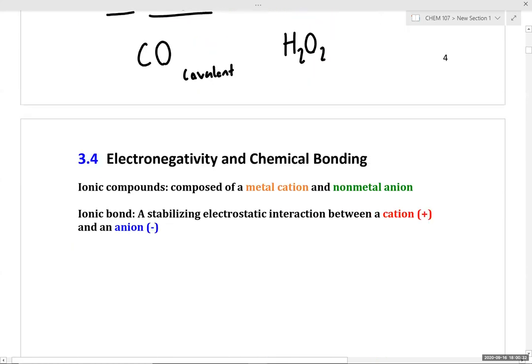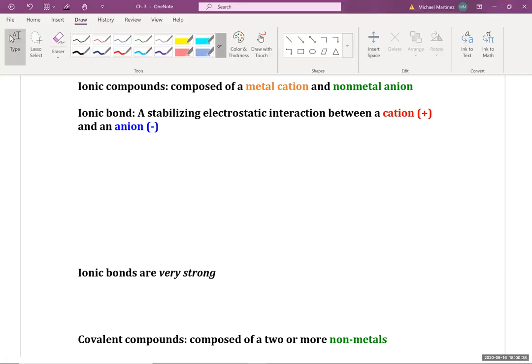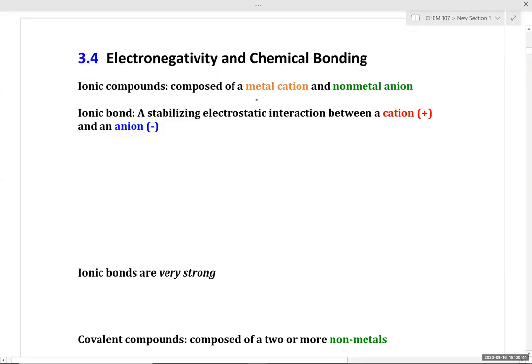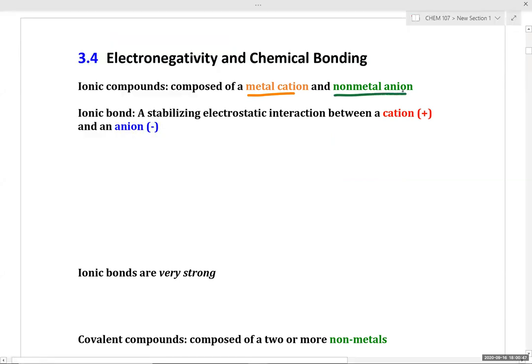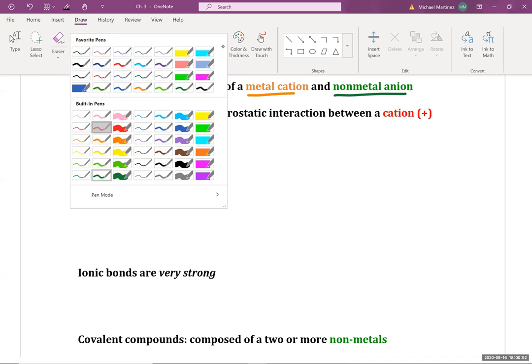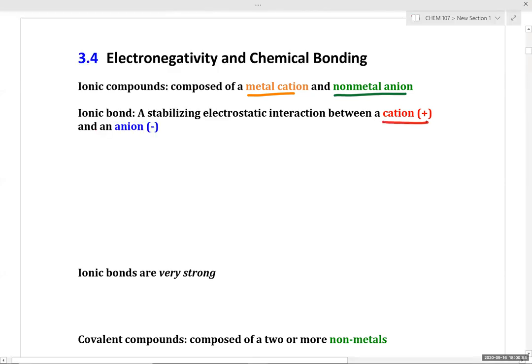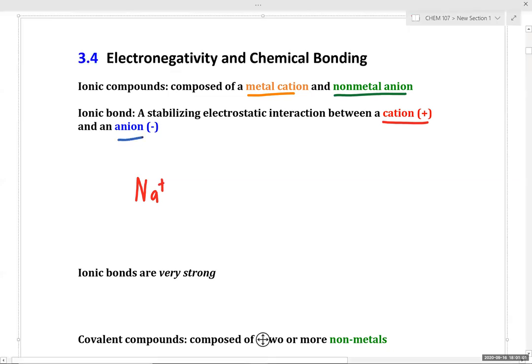So let's talk a little bit about chemical bonds here. So we know that ionic compounds consist of a metal cation and a non-metal anion. Well, an ionic bond fundamentally is a stabilizing interaction between a cation, such as sodium plus, and an anion, such as chloride minus.